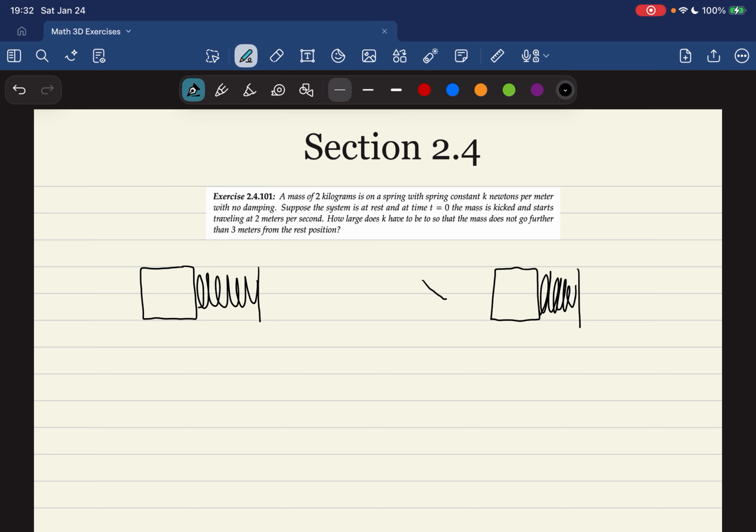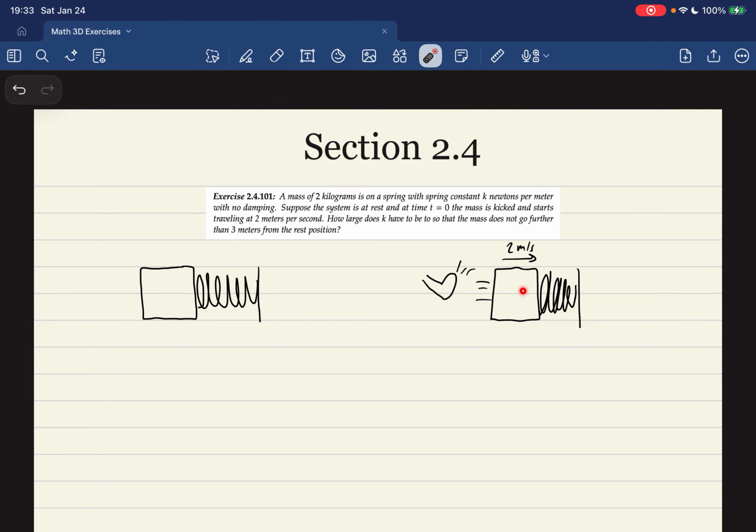And over here, there's been a kick by this boot right here, and it pushes the block this way. It was given in the problem statement that at this initial kick, the block gains a velocity of 2 meters per second. And so if the kick is happening in this direction, then 2 meters per second with an arrow like this. And over here, this is going to be my rest position.